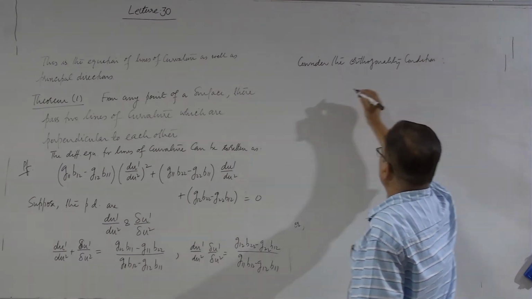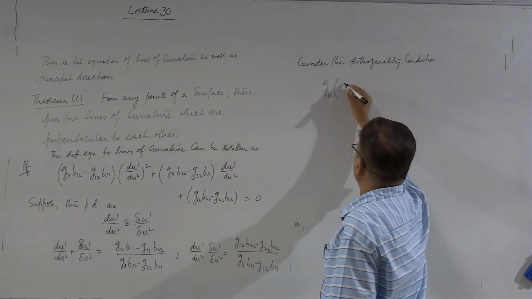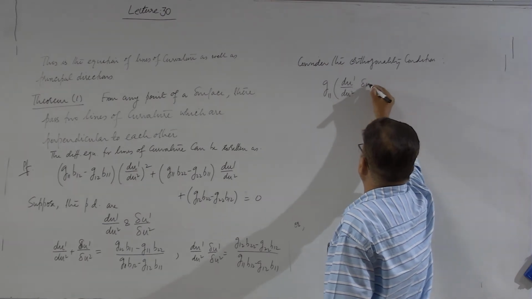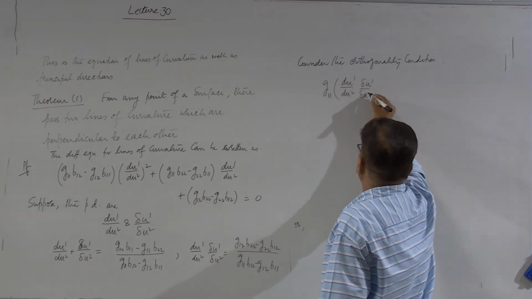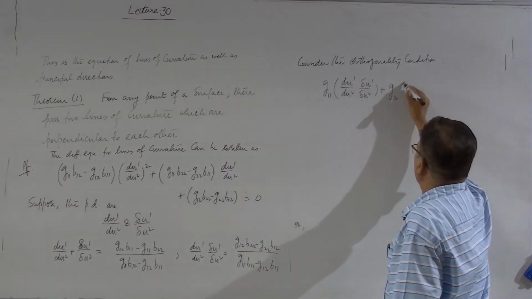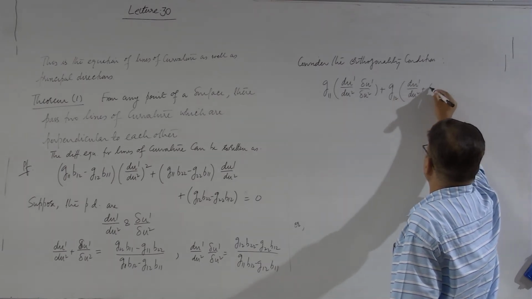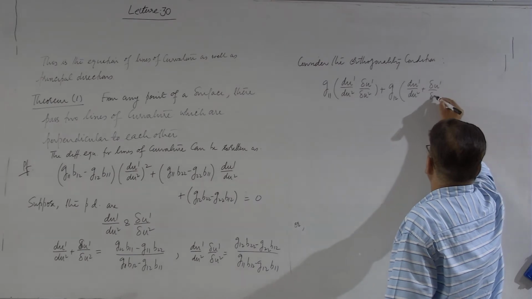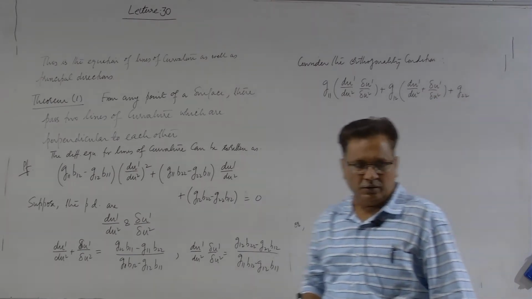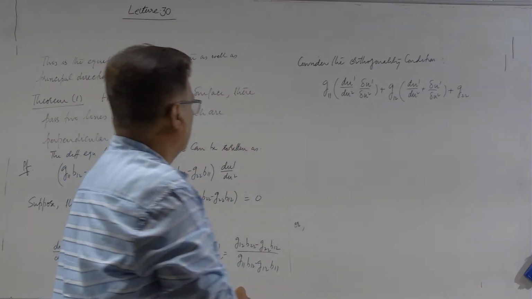This condition, let me recall, is G11 into the product of the two directions plus G12 into the sum of the directions plus G22. So, we will check whether this is equal to 0 or not.